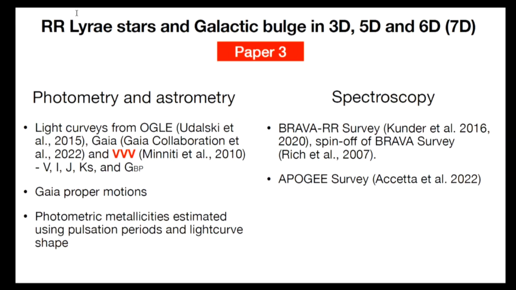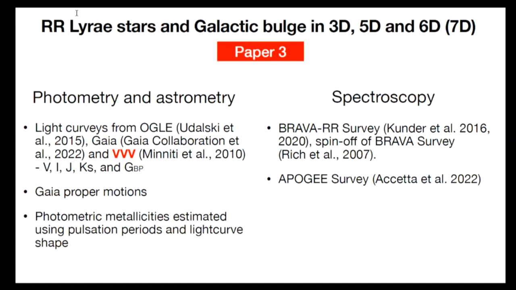We have Gaia proper motions, because we are trying to not just have the spatial distribution, but also know about the kinematics. And we have photometric metallicity that comes from the shape of the light curves, which enters in the distance estimation.